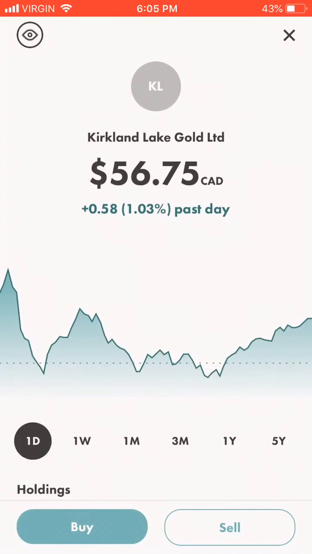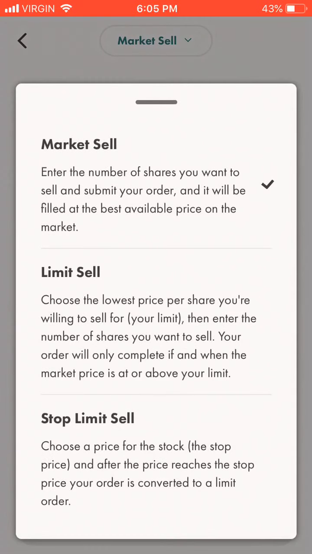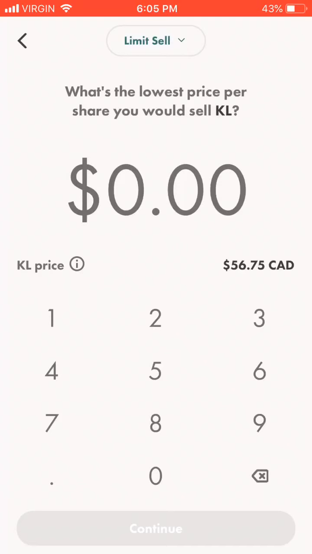The second way, you can see here, we click KL and then sell. The second way is limit sell. As you can see in the description, choose the lowest price per share you're willing to sell, then enter the number of shares you want to sell. Limit sell is very straightforward.